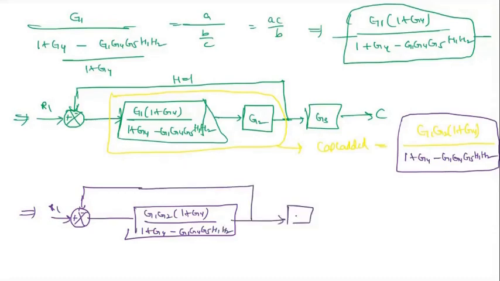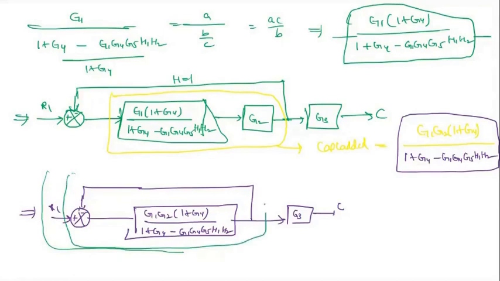Here G3 is there finally. This is C. Now the next step: entire up to this, you should not disturb R1. The entire thing will be called negative feedback because negative is there. If it is positive, again it's positive feedback. It's negative feedback, and for this H equals 1, you need to take.